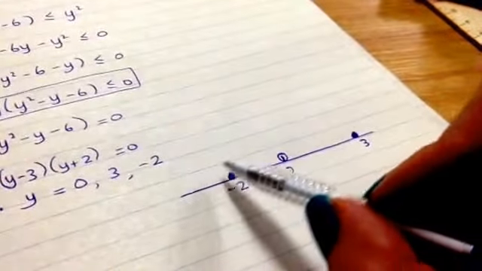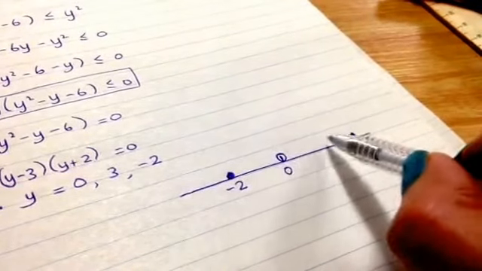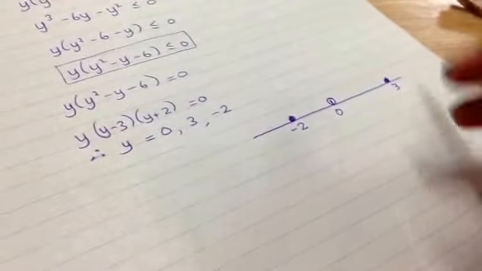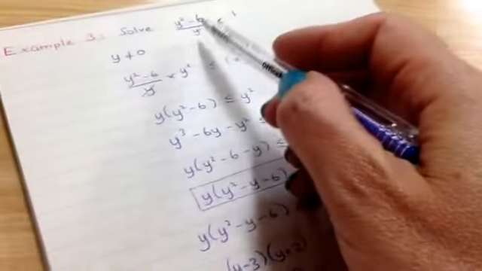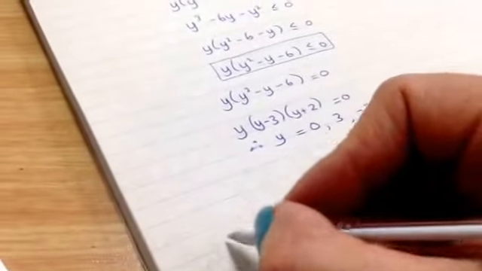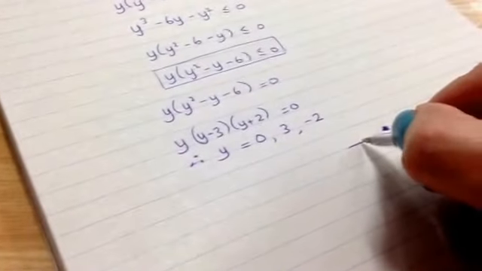Now, what we do is we take a test point in each region: this region, this one, and this one. We need to know which values will make this statement true. First test point, I'll take here at minus 3.